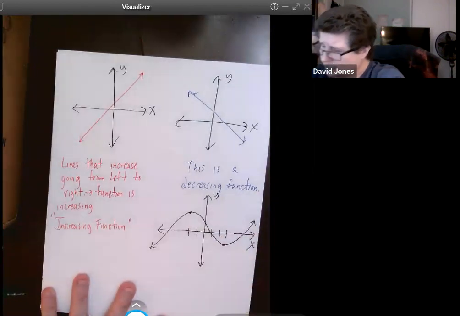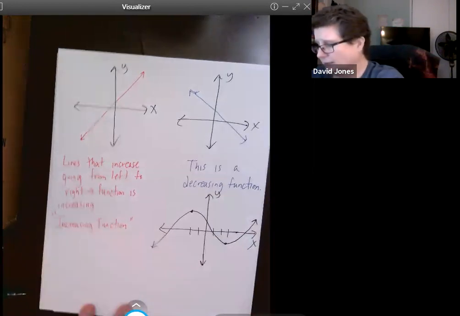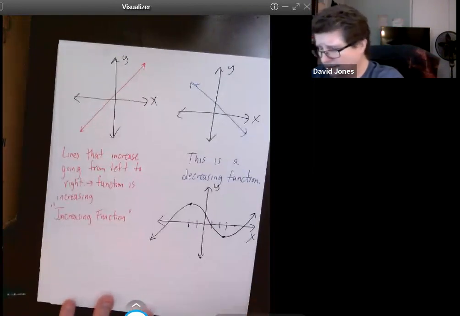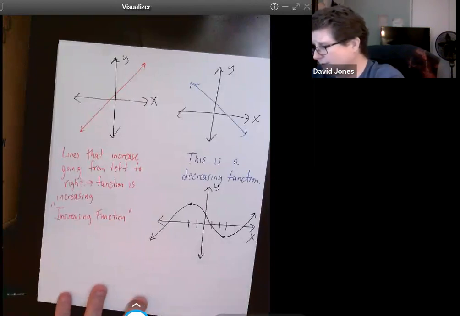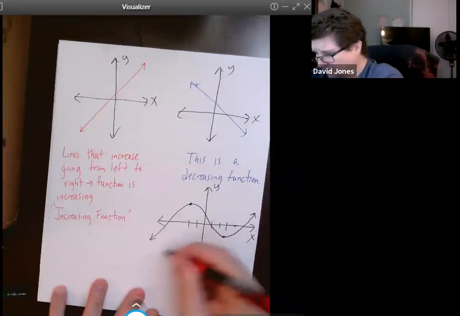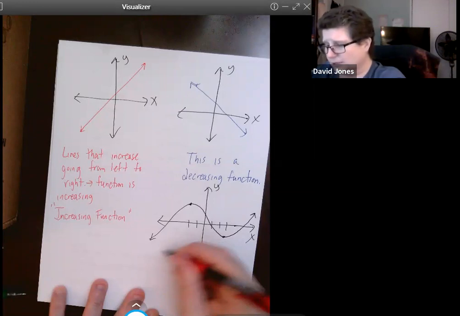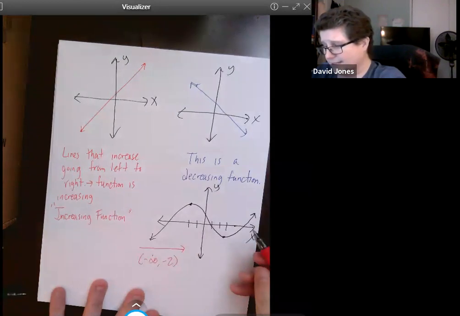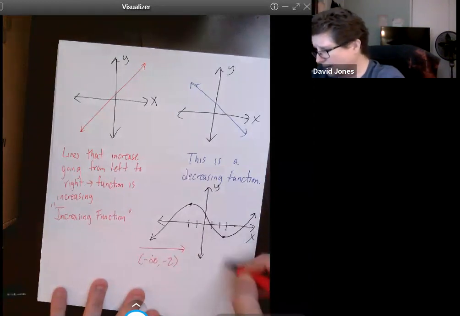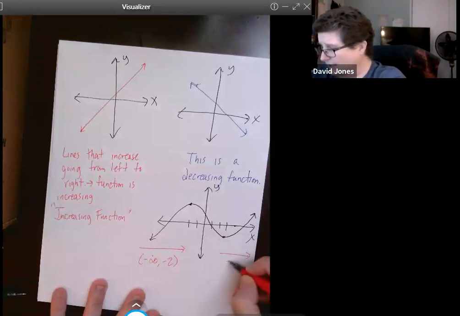So here's an x cubed graph. And I deliberately broke it up into regions. From negative infinity all the way up to -2, it's increasing. And from 3 to infinity, it's increasing.